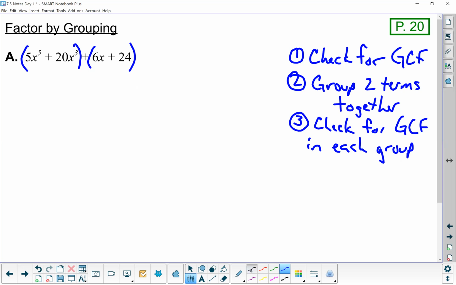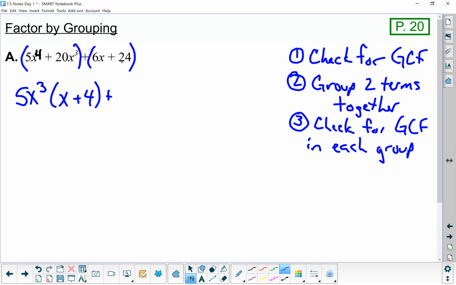That should be x to the 4th. 5x to the 4th. They each have an x to the 3rd, and each number is divisible by 5. When we factor that out, we get x plus 4. 5 divided by 5 is 1. X to the 4th, we factored out x to the 3rd, leaves us x. 20 divided by 5 is 4. And we factored out the x cubed.